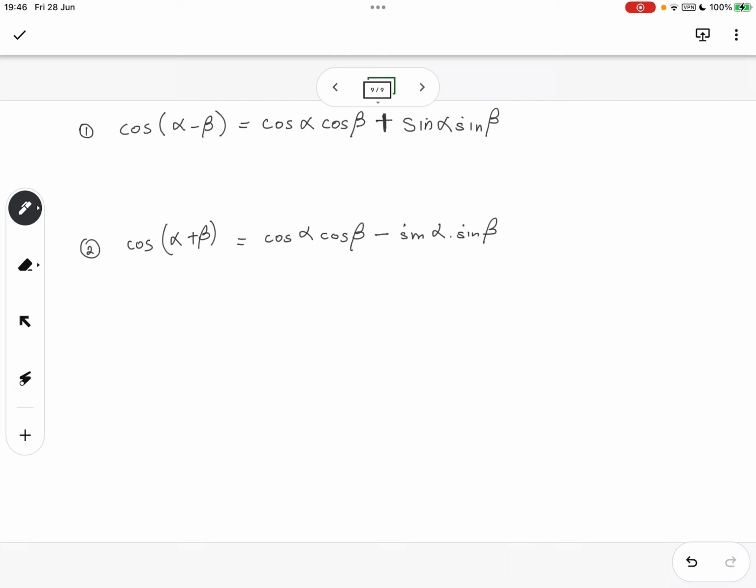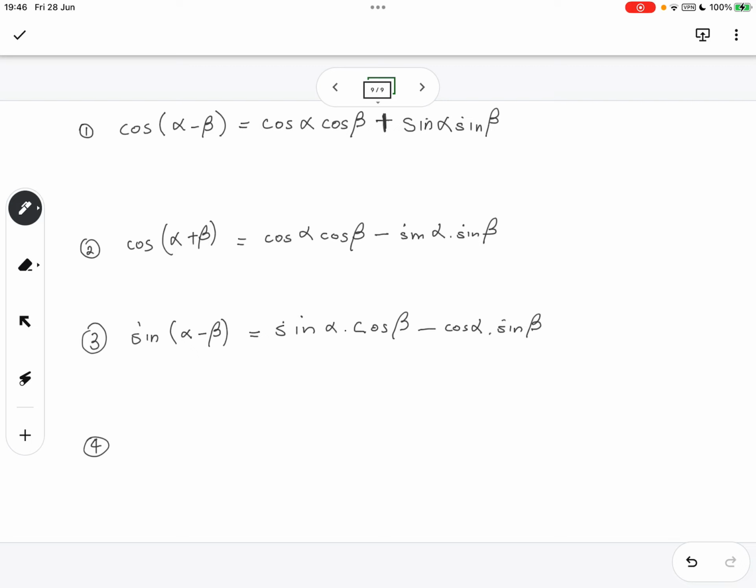The third one is the sine of alpha minus beta, and it equals the sine of alpha times the cos of beta minus the cos of alpha times the sine of beta.